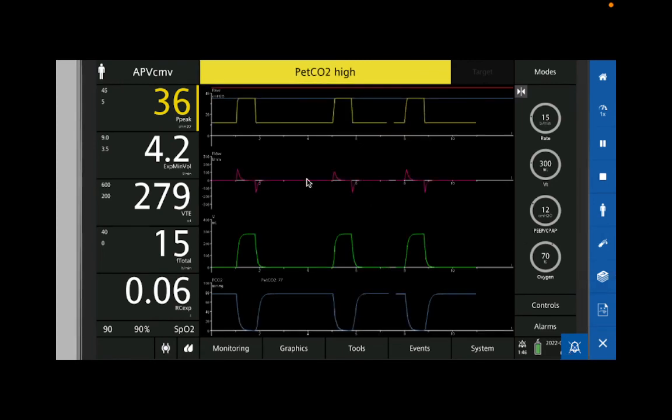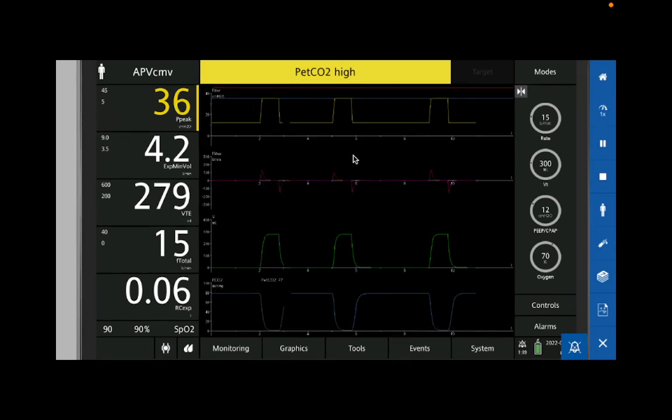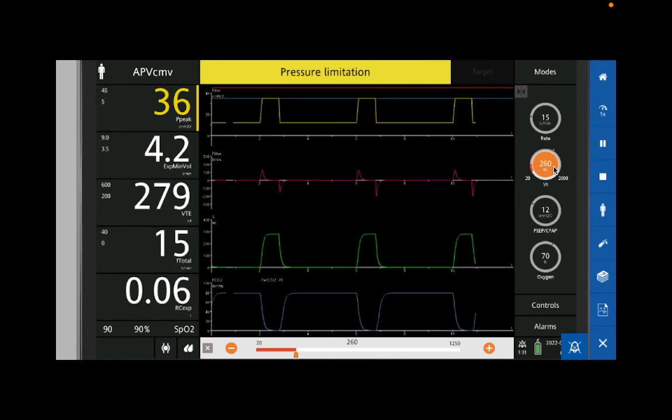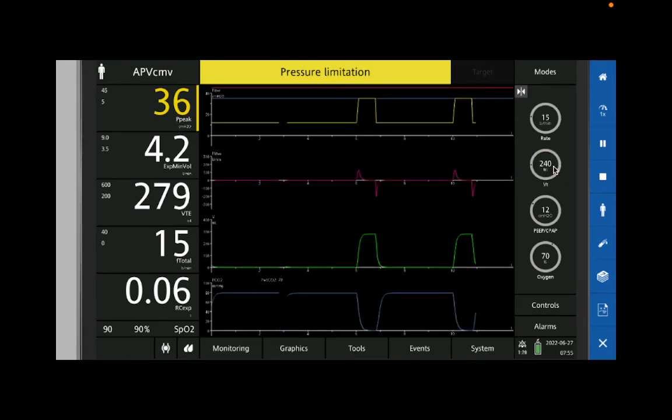But now our pressure is 36. So what should we do? Do we need to go down to 4 mils per kilo? Yeah. So 60 times 4. All right, at this point, if you weren't too sure about the weight, you might want to double check, okay?